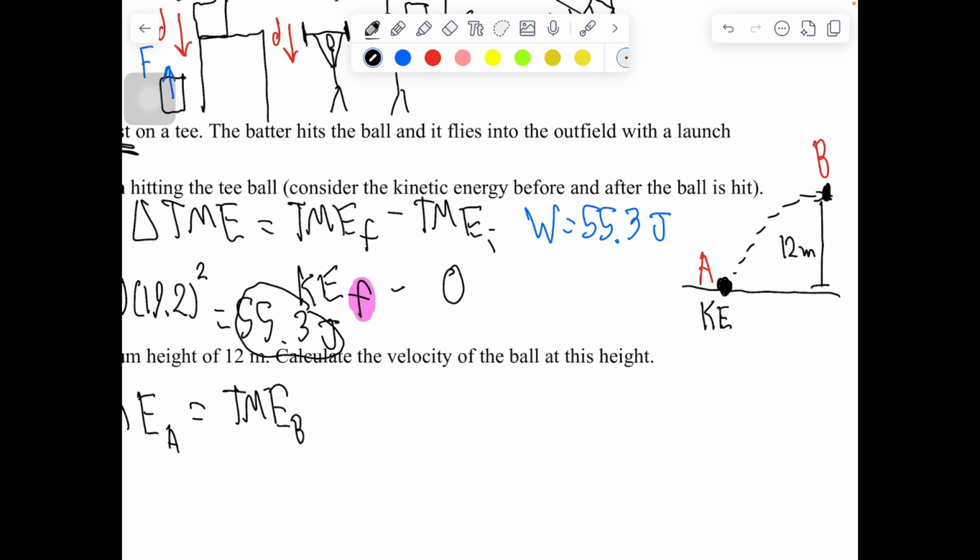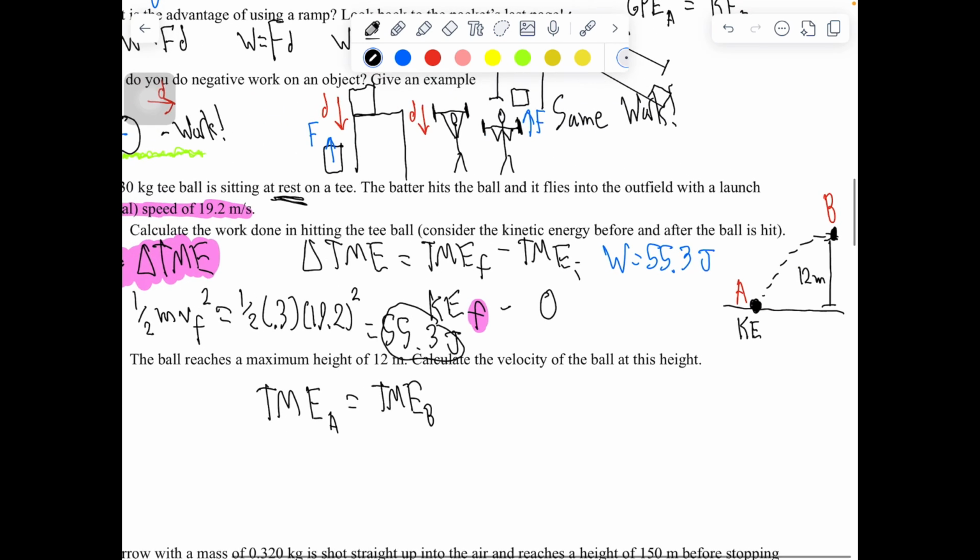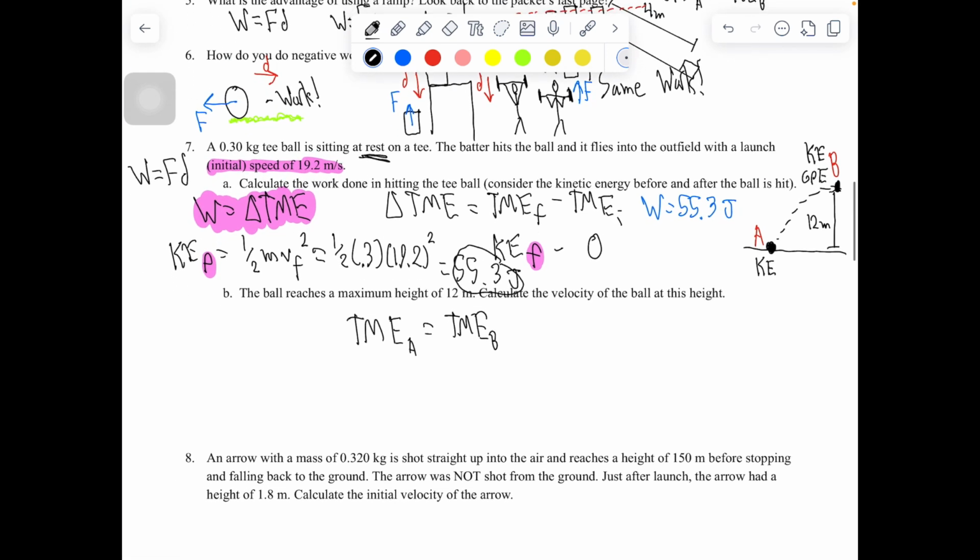In situation B, it is moving to the right, and it's above the ground, so it has GPE as well. So in situation A, we'll just say it has its kinetic energy. Situation B has its kinetic energy and the gravitational potential energy.